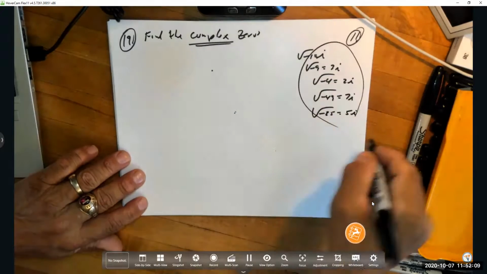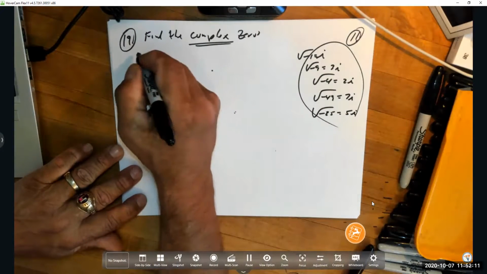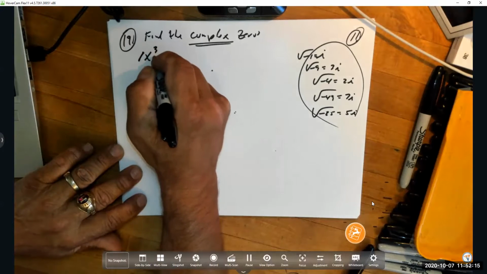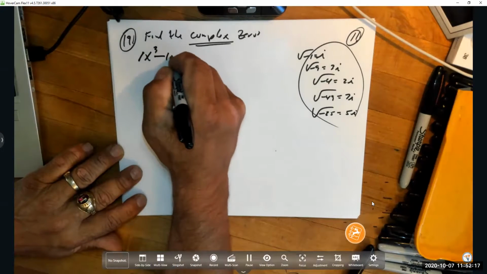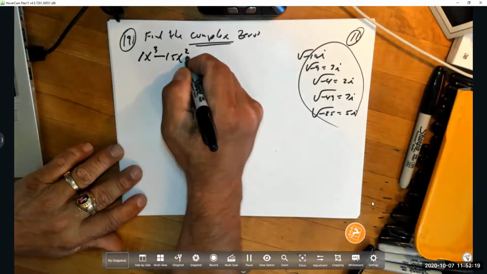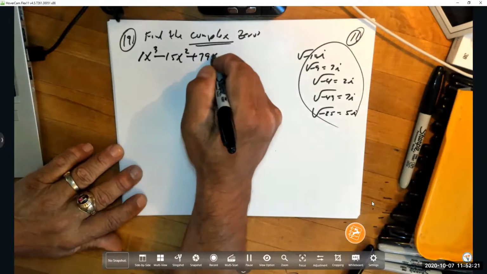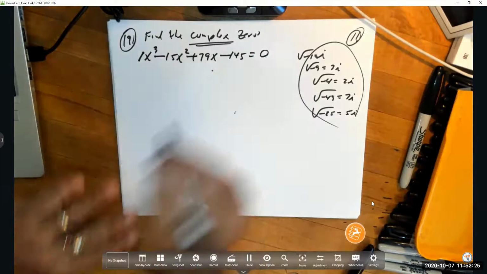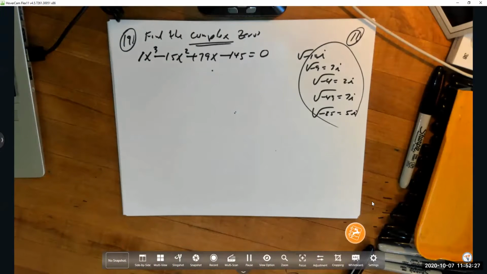All right, so now it says 1x cubed minus 15x squared plus 79x minus 145. There it is. There's the original problem, all equal to 0.